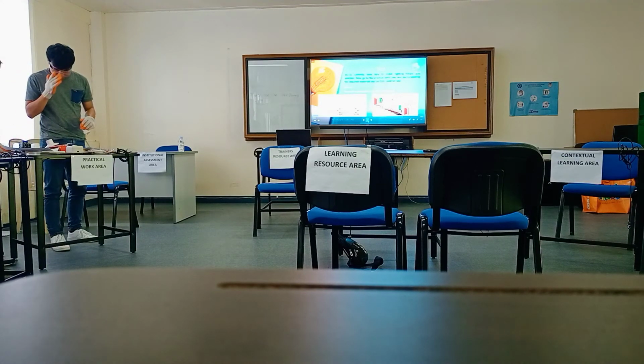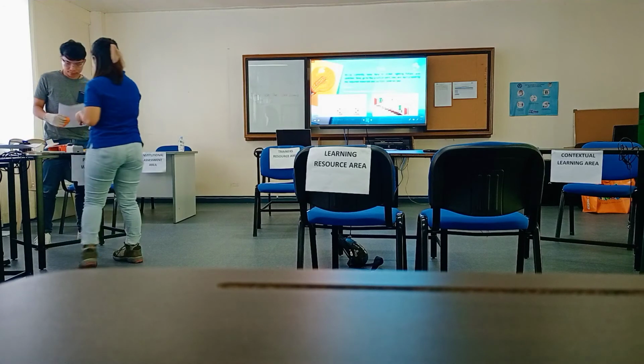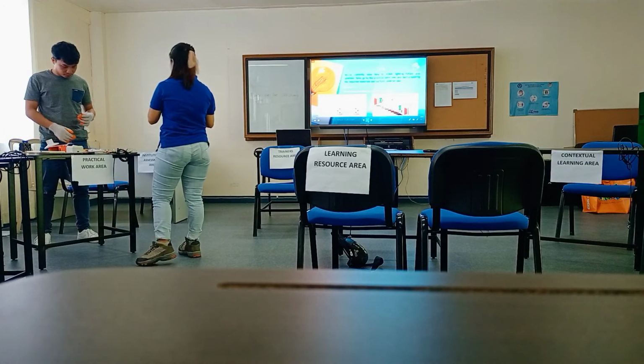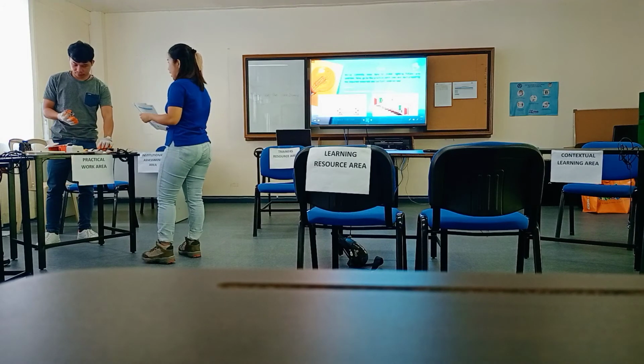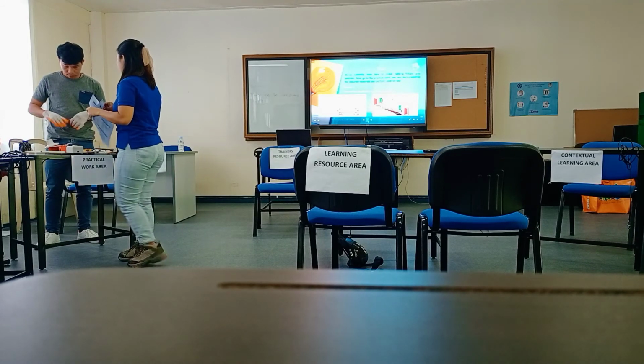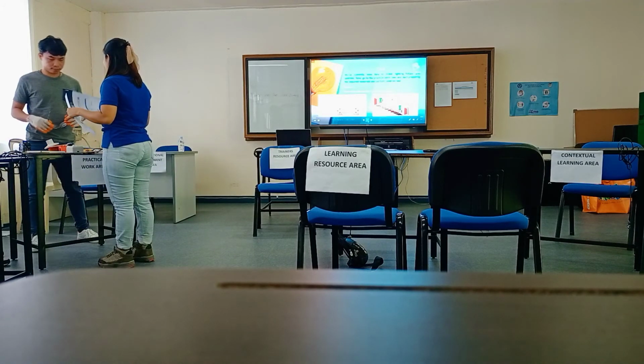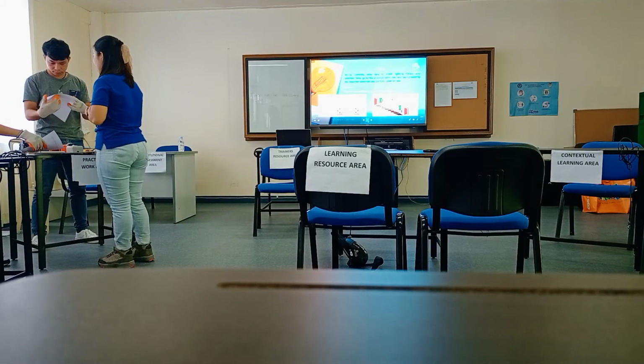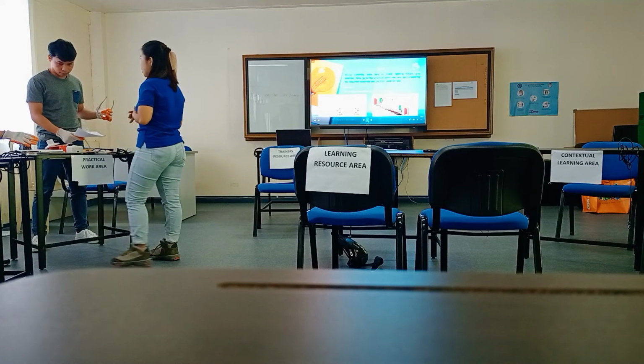Are you done, trainees? Okay, let me get your job sheet. I will give you another job sheet to perform the task. I will give you 1 hour to perform, and later I will rate your performance using the performance criteria checklist.